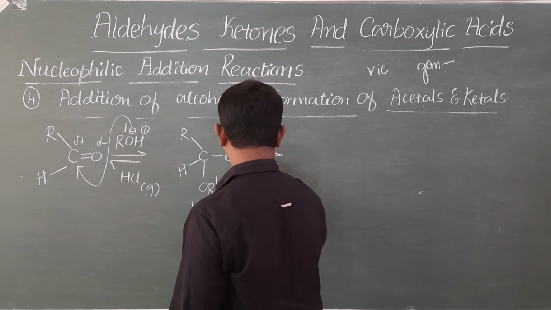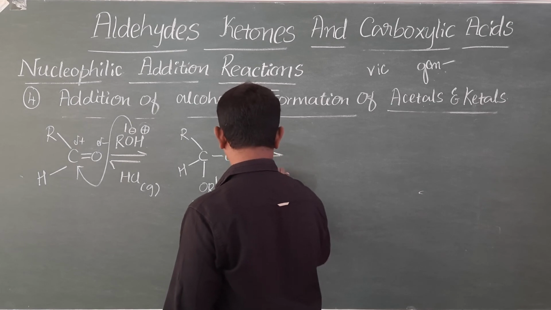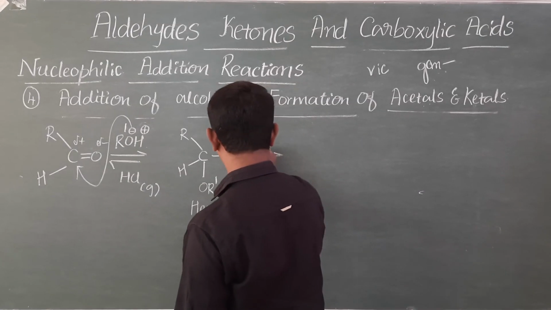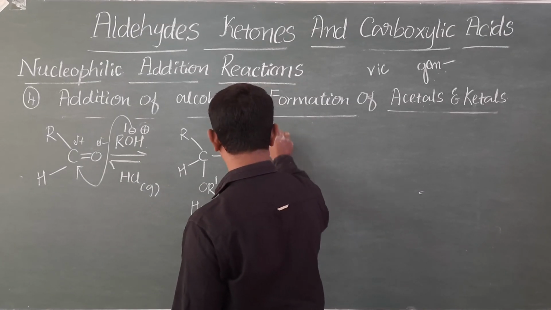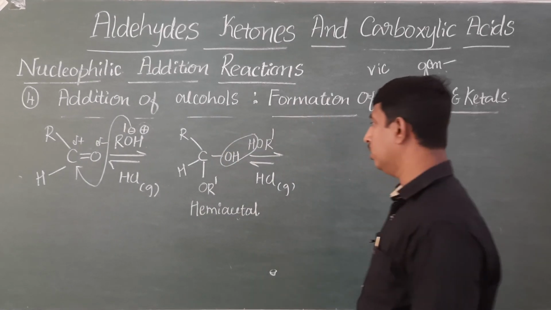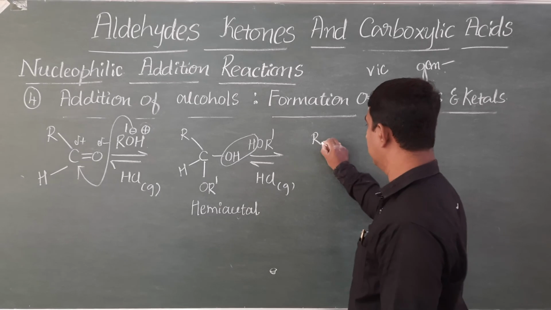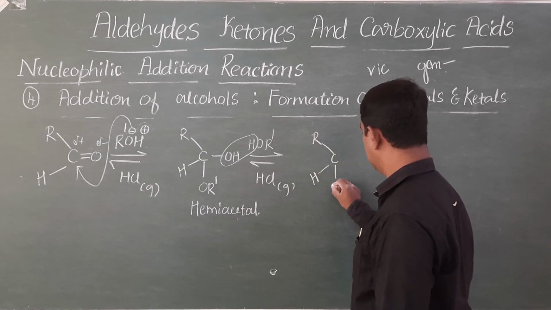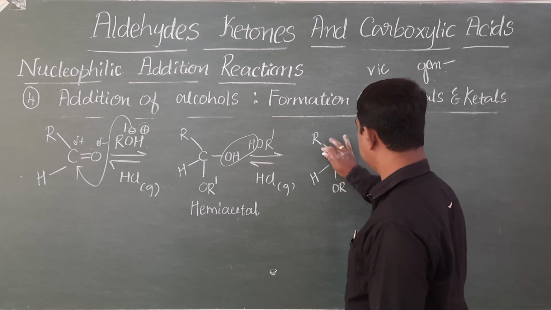hemiacetal. It further reacts with monohydric alcohol in the presence of HCl. I will write it like this. This is easier. Removal of water takes place forming our CHOR dash.